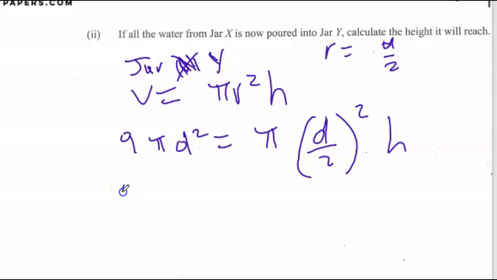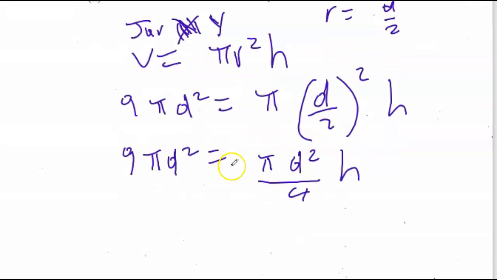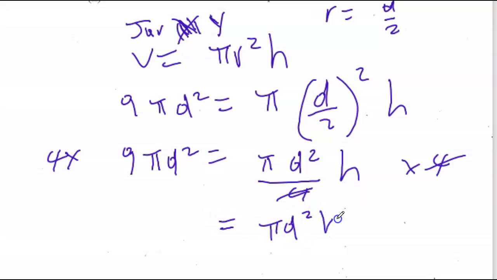So simplifying, we have 9 pi d squared equal to pi, and we square this term, we get d squared over 4, and of course we put back our height. So now we can multiply both sides by 4, since we're transposing for h. This 4 into this 4, so we're left with pi d squared h.